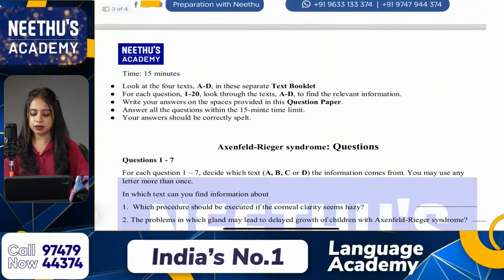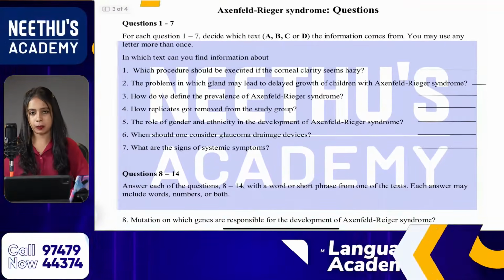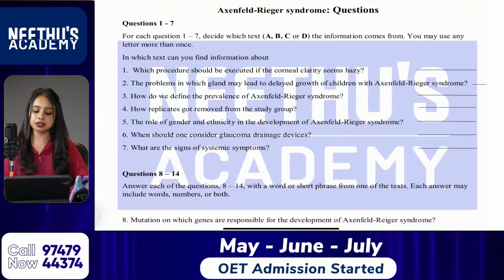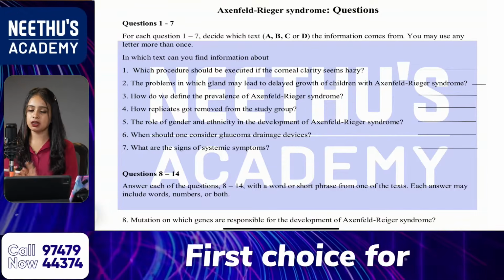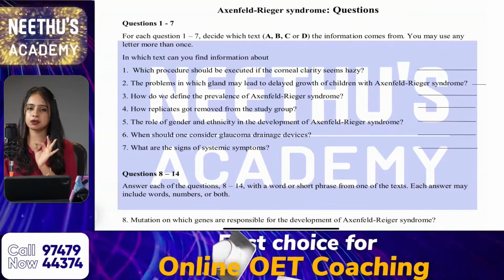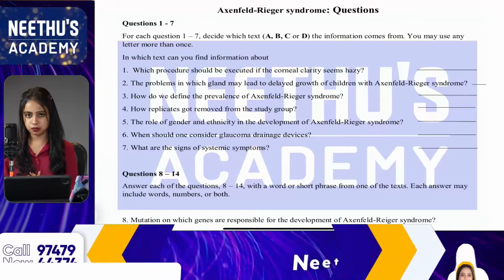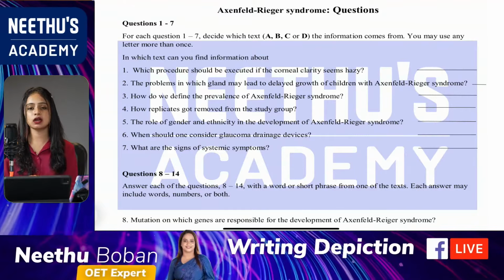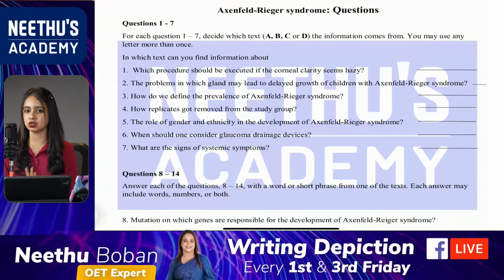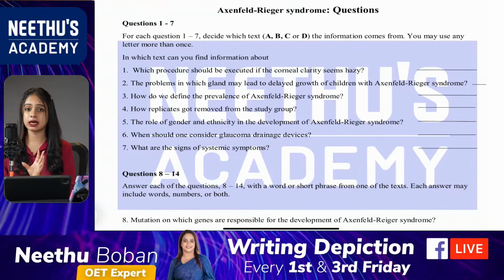Now we are moving to the first question. What is the first question here? Likewise, what you have done in part B, you can underline the keywords from the question in part A also. That is going to help you to identify the question, and it will help you to locate your answer very easily within the time.